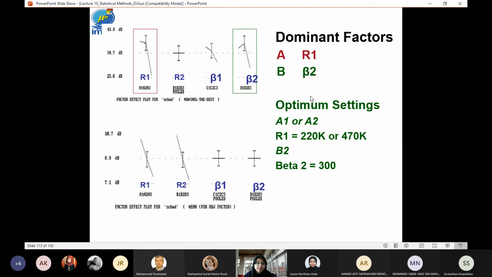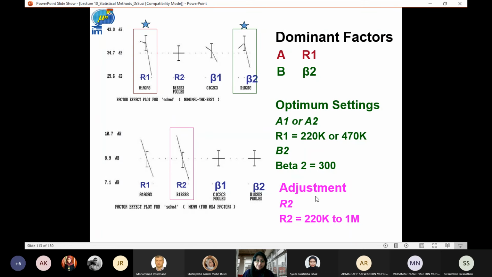And the optimum settings, it can be A1 or A2, either one. And for R1, it's either 220 kilo ohm or 470 kilo ohm. These are the level values. And for B2 or beta 2, it is the second level, which is 300. Okay, the gain value.